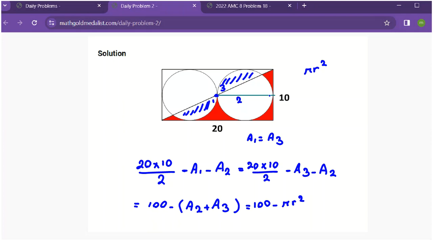So this point is the midpoint here, because you can connect these 2 parts and you will see, okay, this one is radius here, this one is also radius, this one radius, this one radius. So it is 10, so our radius is what? 5, because 2r is 10. So pi r squared is what? It's 100 minus pi times 5 squared, which is 25 pi. So the answer is this.